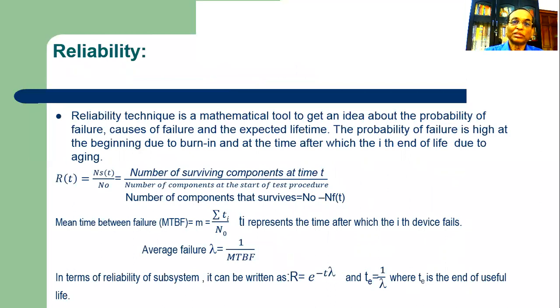Reliability. Reliability technique is a mathematical tool to get an idea about the probability of failure, causes of failure, and the expected lifetime. Because several sensors and several gadgets and several transponders are working in the satellite in the redundancy mode.